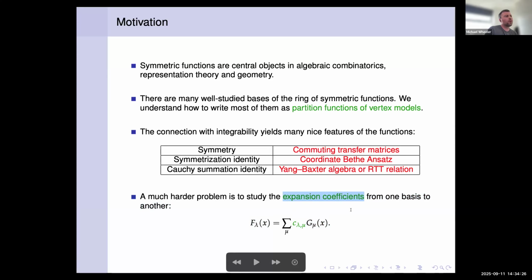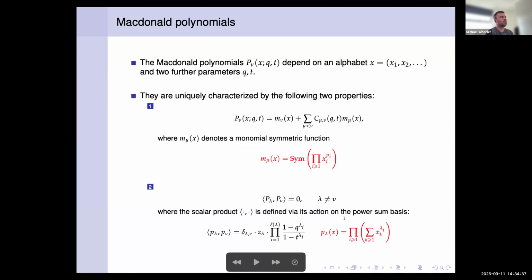In particular, we're going to look at the case where you take a Macdonald polynomial and expand it over the Schur basis. I'll begin by saying a few words to define what Macdonald polynomials are. I would imagine that they're well known to many members of the audience.